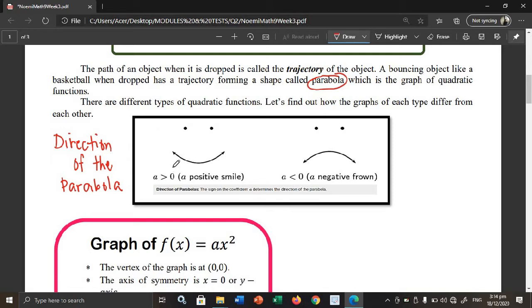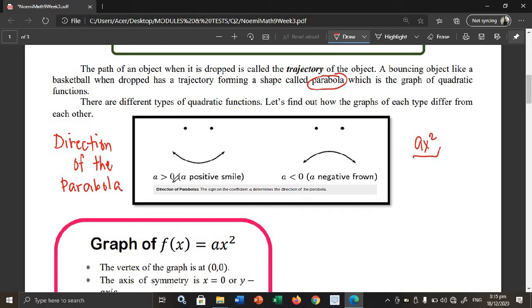So, the first one, ganito, may rule siya eh. Para natin malalaman kung yung parabola will open upwards or will open downwards, it depends yan sa coefficient ng quadratic term, which was represented by the variable a. Di ba yung quadratic term, kapag nakikita natin, yan yung ax squared sa quadratic function. So, si letter a, depende sa kanya, sa value niya, kung ano yung opening ng parabola or yung direction ng parabola.